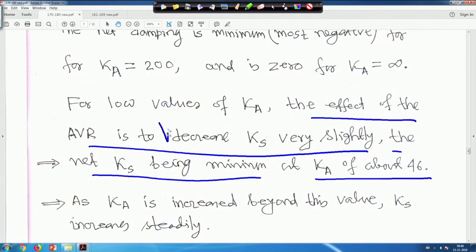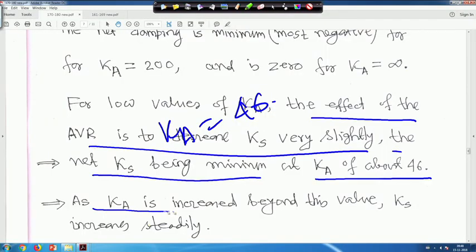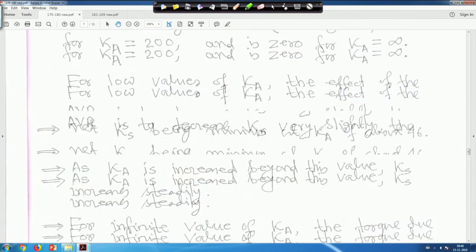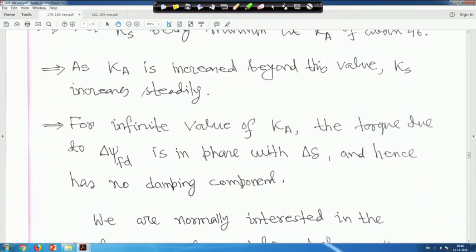Because the function is given in terms of K, you please find out. As K is increased beyond this value, Kd increases steadily, right. Or graphically also you can plot and you can see this. In MATLAB you can easily plot, right.